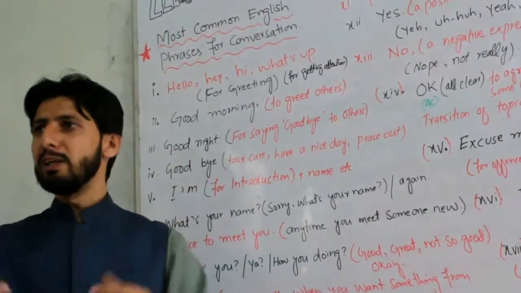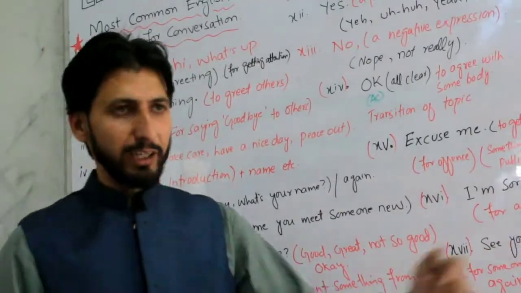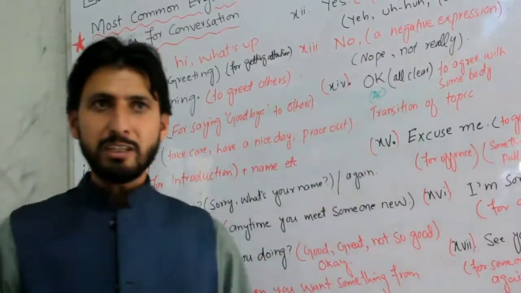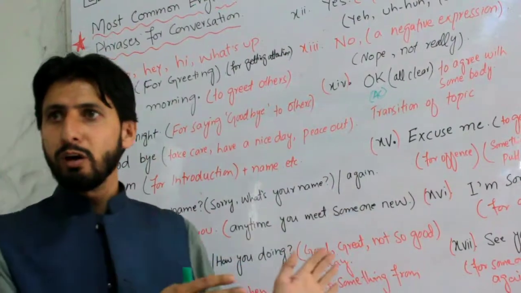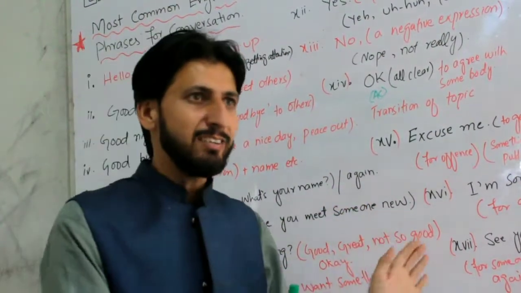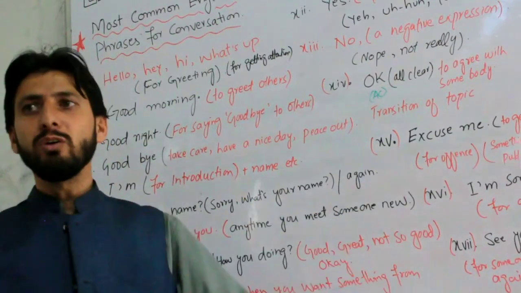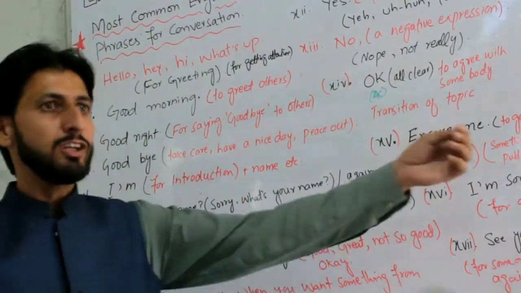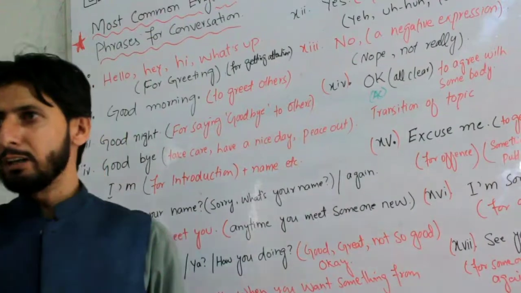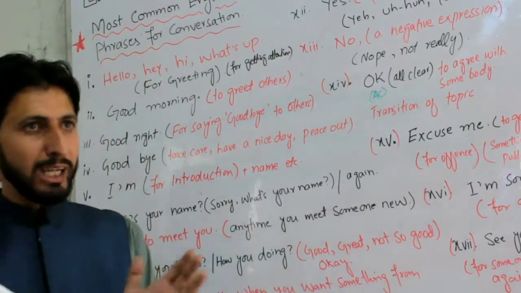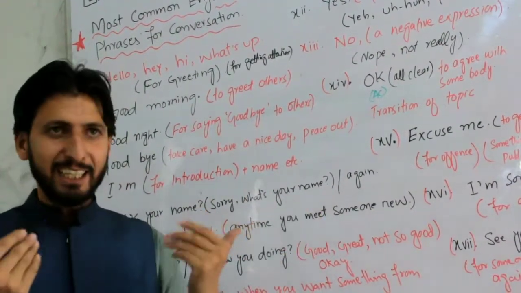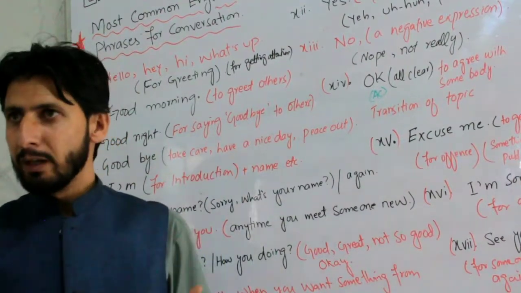You are walking on a street and you want to know about someone's address, a person is passing nearby you and you ask, excuse me sir, where is this post office? Where is the home of Mr. Ali? So you can use this for getting attention of someone.